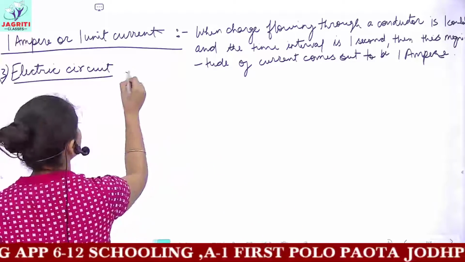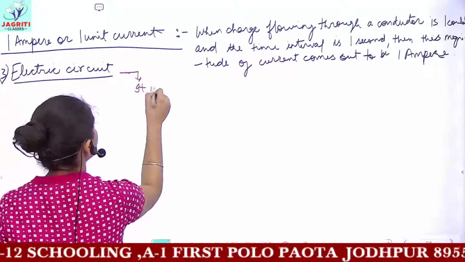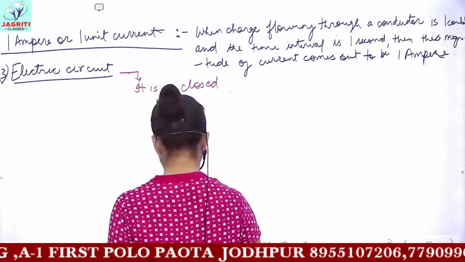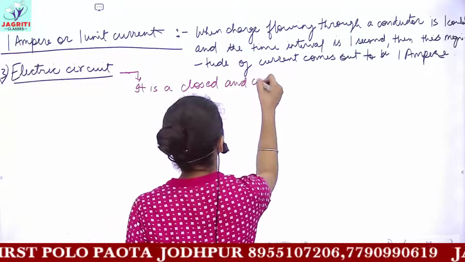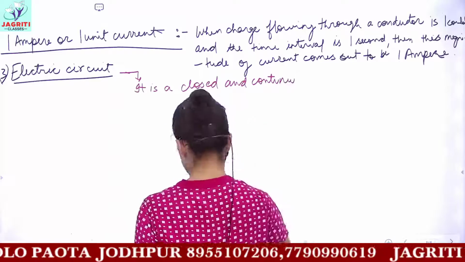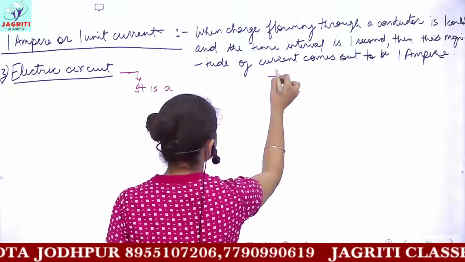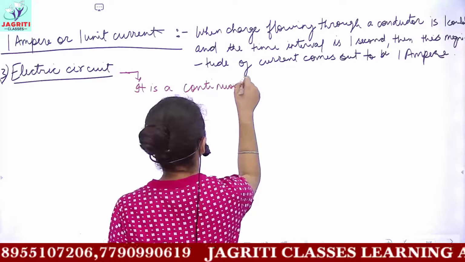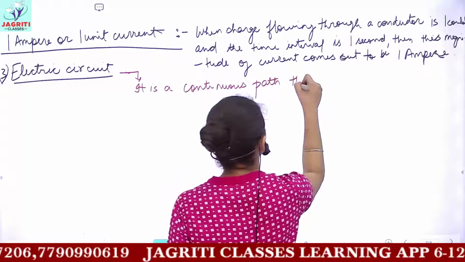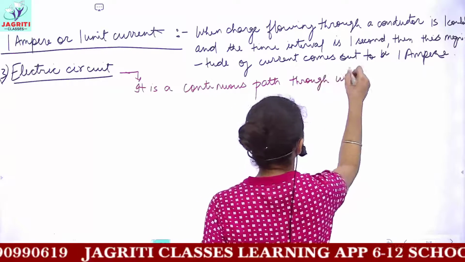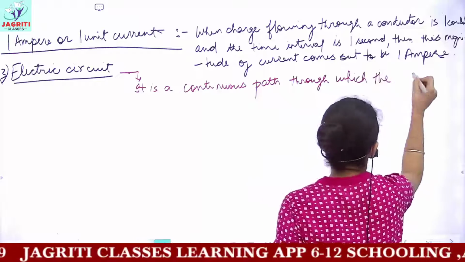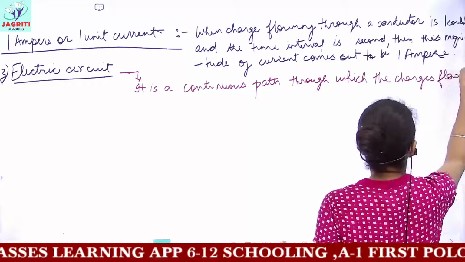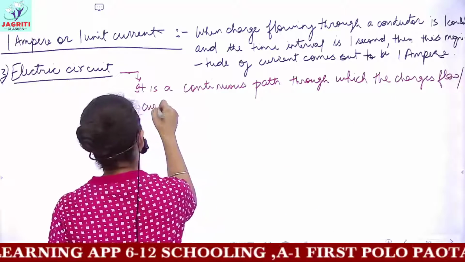So electric circuit can be defined as, it is a closed continuous, okay. Let's not write here closed first. We'll write it is a continuous path through which the charges flow, or you can say through which current flows.